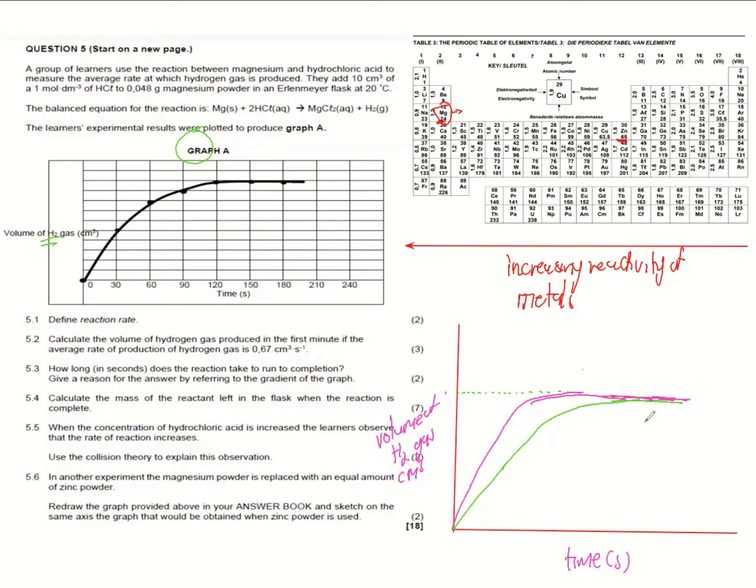Okay, right, yes. So that's basically how you are supposed to tackle this question here. So indicate here this is graph A, and then indicate this is graph B. So graph A and graph B right there. Okay, so that's how you are supposed to tackle that question.